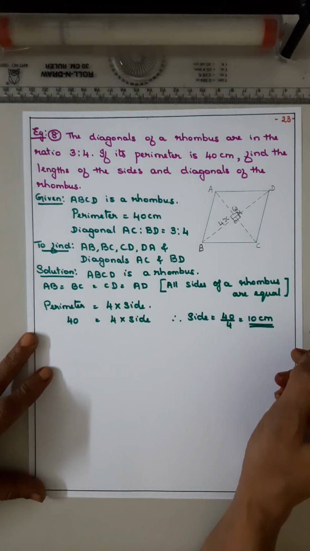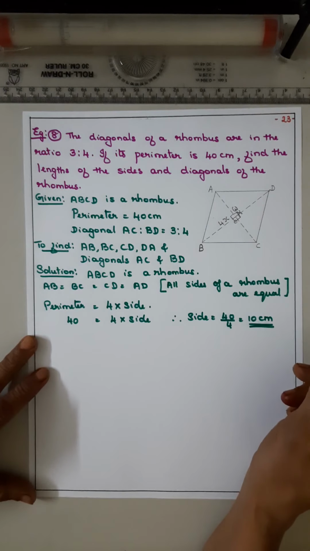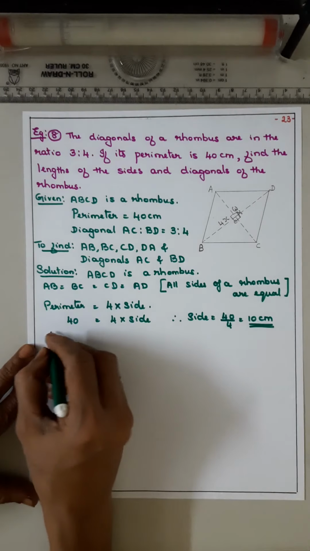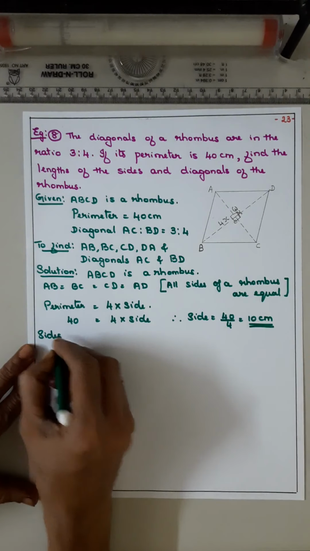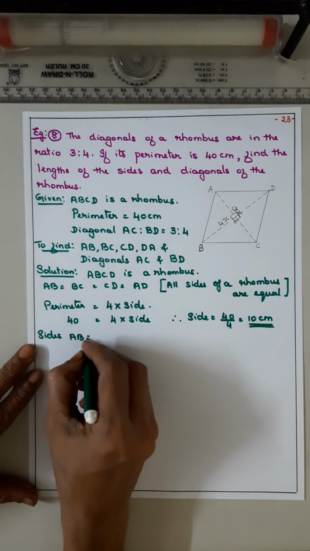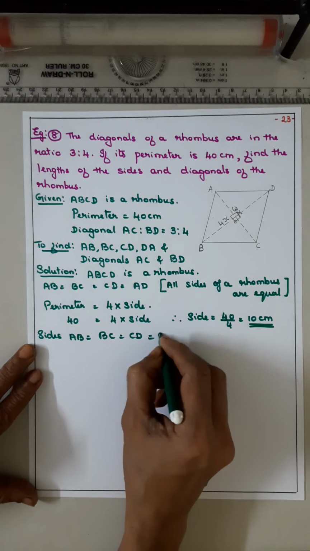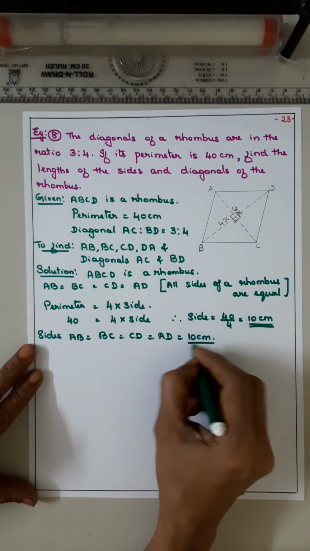So you got the side is equal to 10 centimeters. Understood? Now we'll write the sides AB is equal to BC is equal to CD is equal to AD is equal to 10 centimeters.